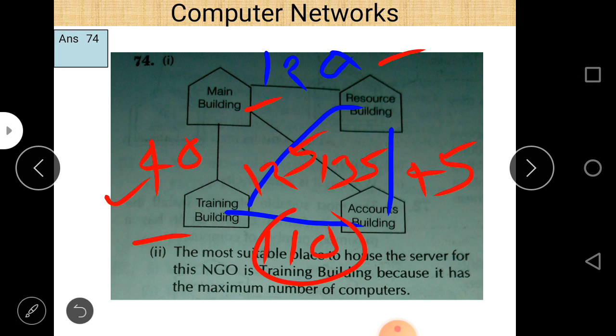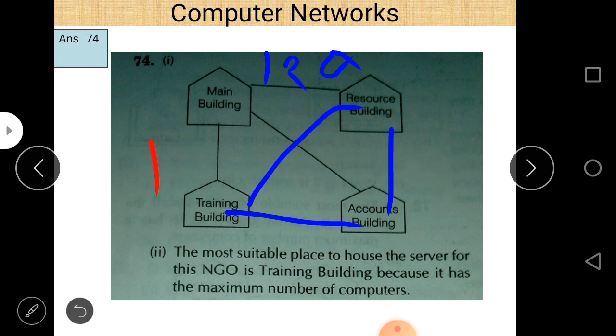Why is it eliminated? Because this account building is 135 meter and this is 120 meter. So 135 plus 120 meter is around 255 meter. So 255 meter of cable is used.